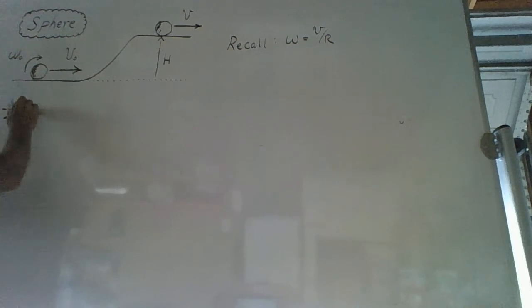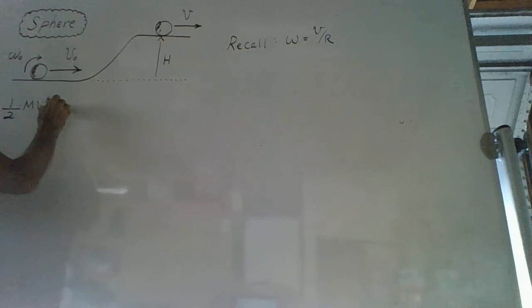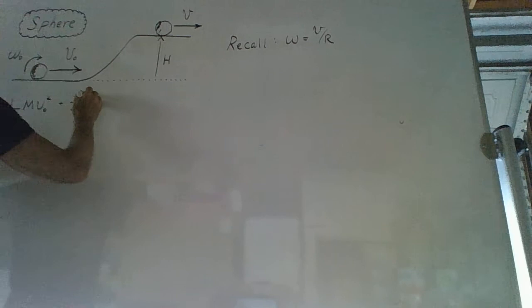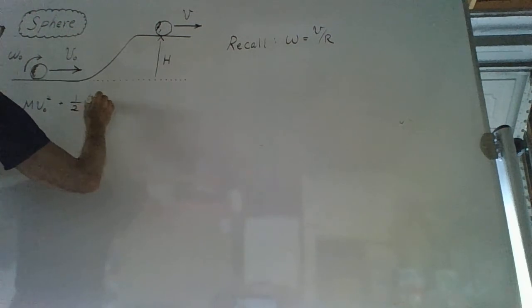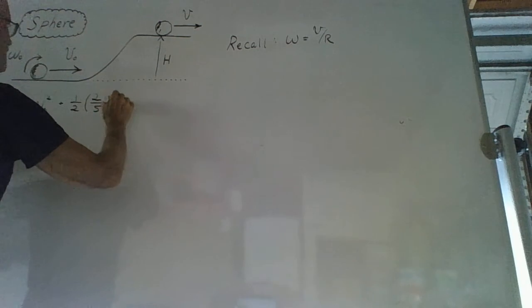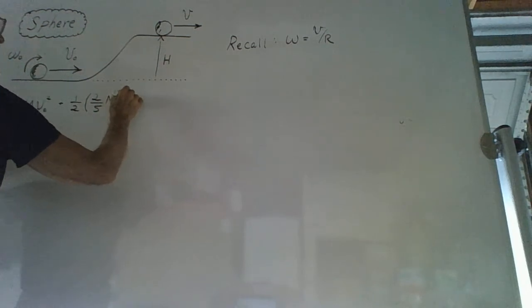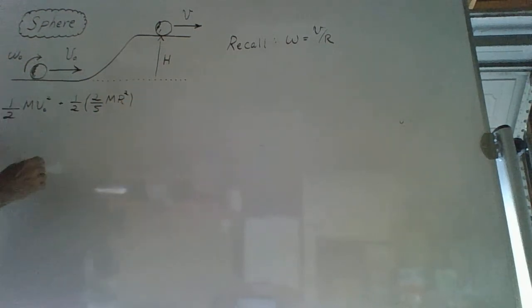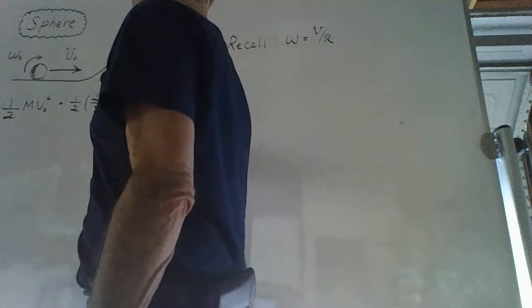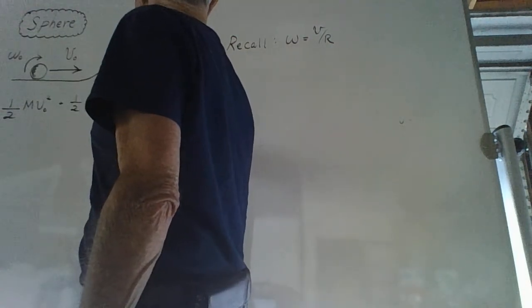One half m v naught squared plus 1/2 of 2/5 mr squared times omega naught squared.